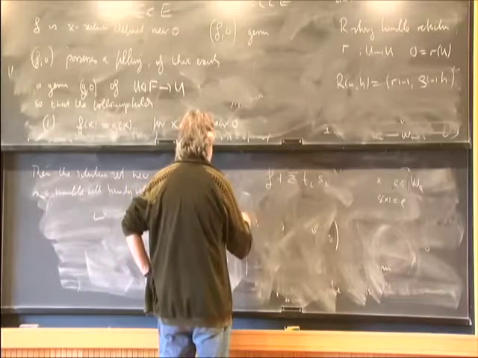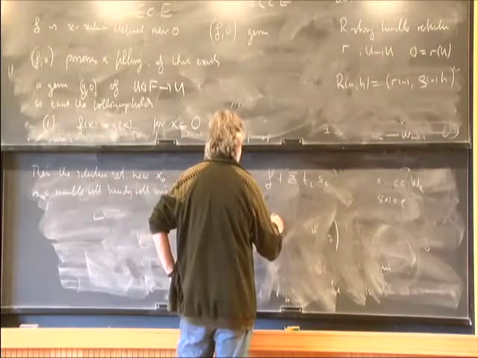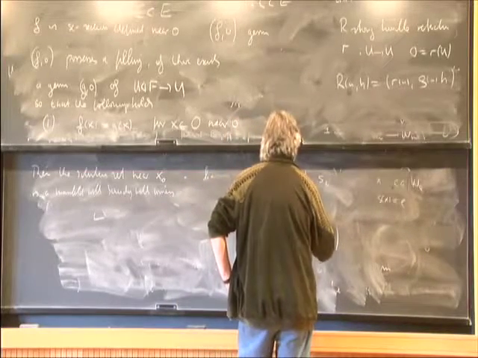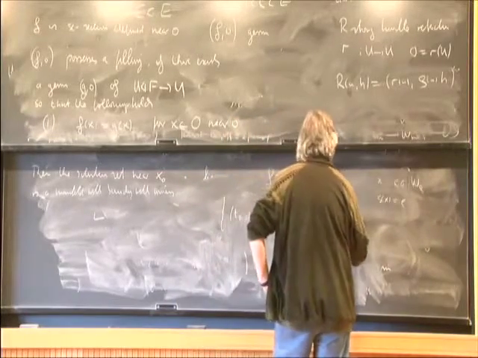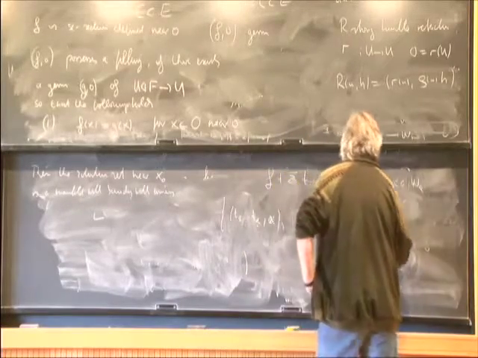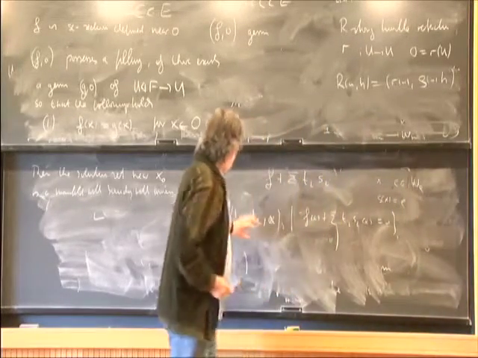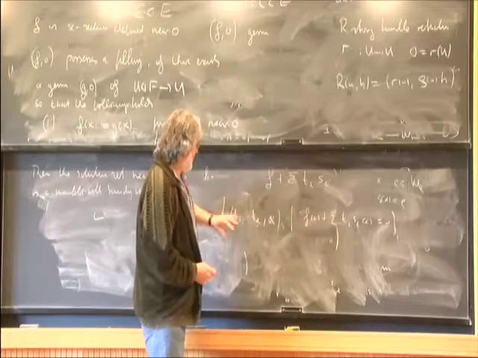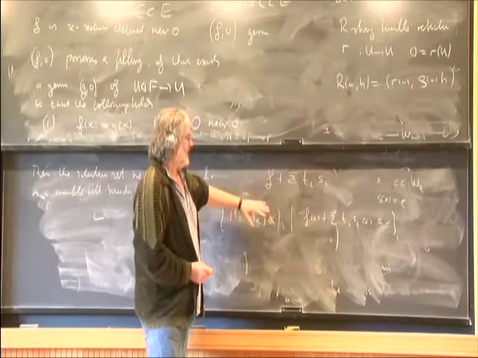You look at all T1 to TL in R, such that f of x plus the sum of Ti Si of x is 0. You do this around the point x0. If you choose the sections correctly, you fill up the co-kernel.